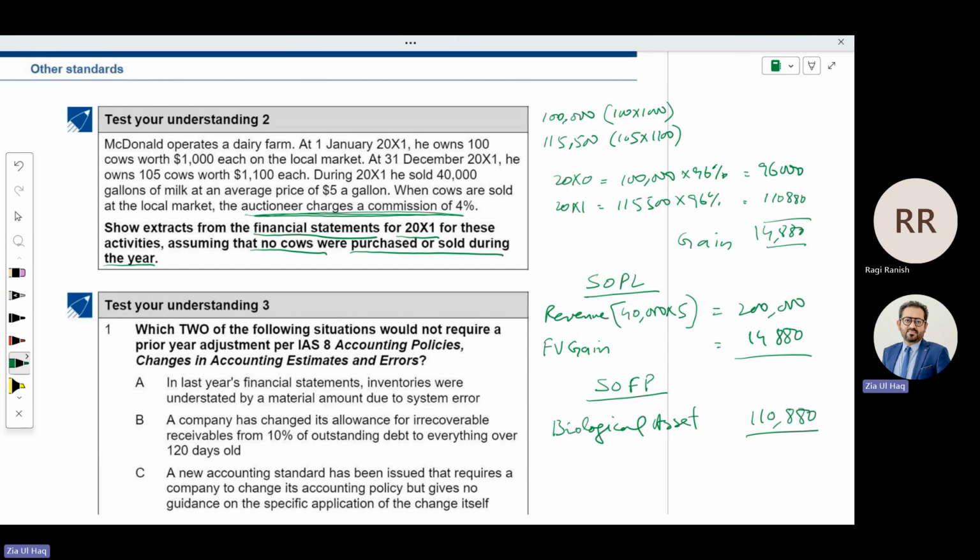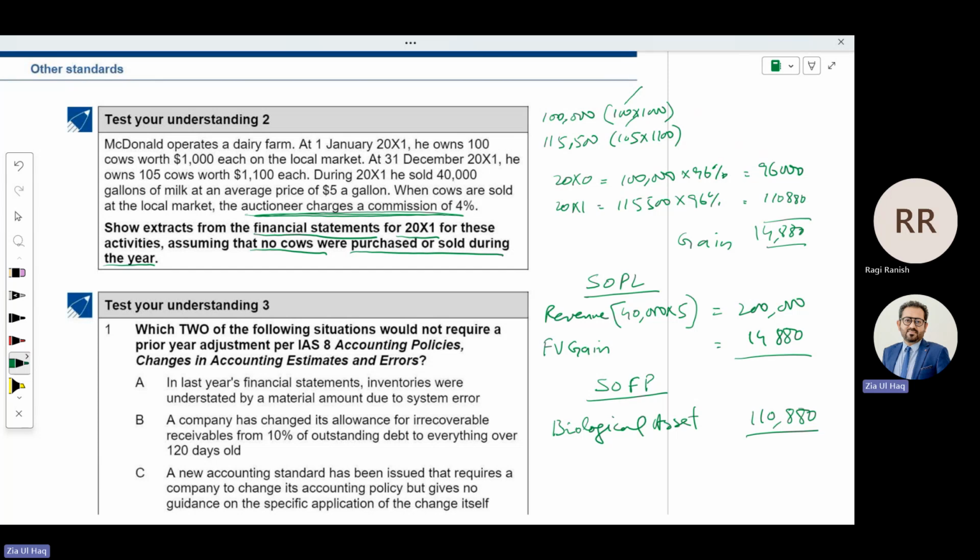What is meant by depreciation here? Point of sale cost. We cannot sell at this value. We need to pay some commission. So what is net realizable value, you can say.